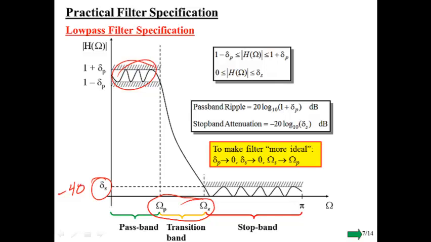Ideally, we would like to make the passband ripple go to 0, the stop band attenuation be as large as possible, an extremely large decibel value, and we'd like to make this transition band as narrow as possible. So those would be our design goals as we go through this.